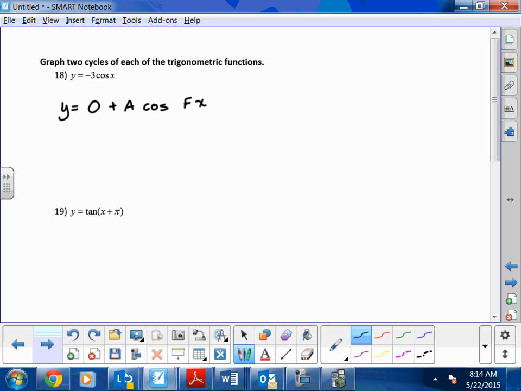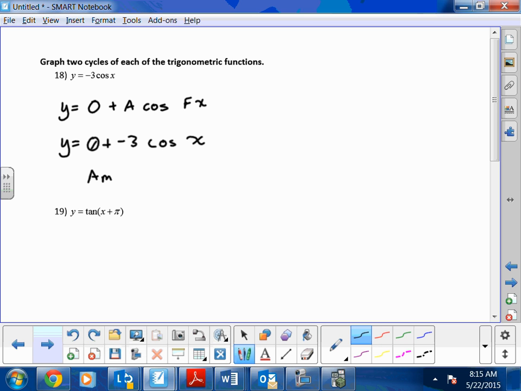So now in our case, we're going to have no oscillation, or the amplitude. The oscillation is going to be, well, we won't have any. It'll be 0. But we are going to have an amplitude. So we'll have 0 plus negative 3 cosine x.